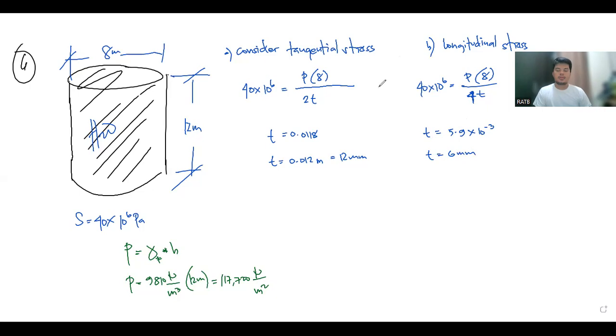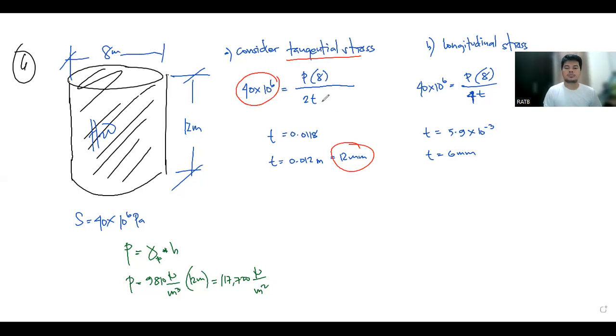So if we try to look at which of the thickness is the minimum required thickness for the given tank, now let us say we consider 12 mm. For tangential stress, the stress developed is 40 megapascal.